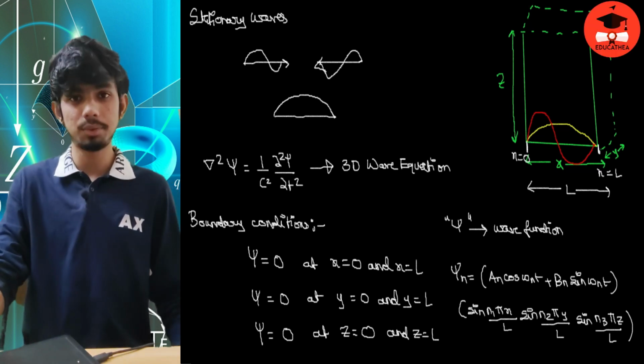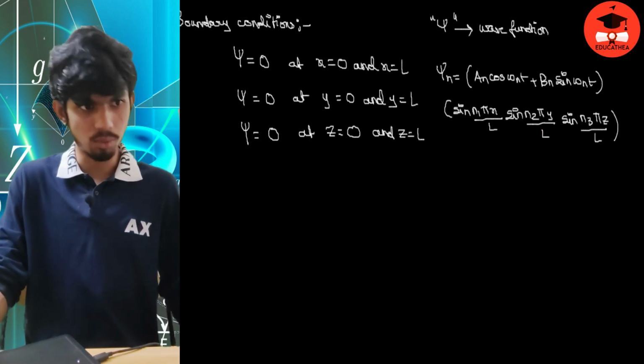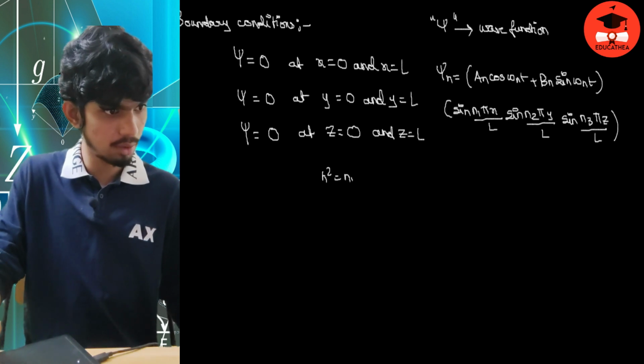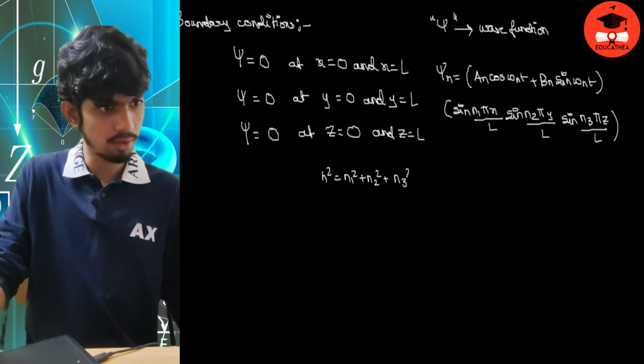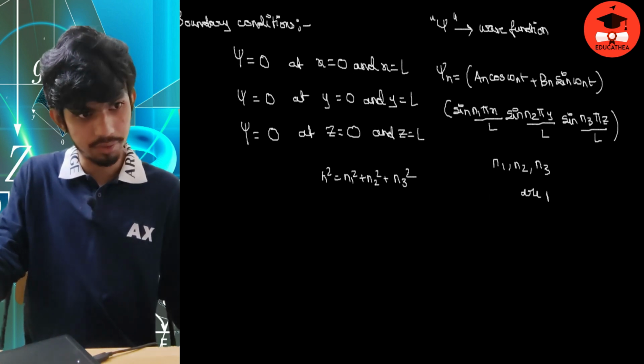This is exactly the equation for a stationary wave. The relation between small n and n1, n2, n3 is something like this. N square is equal to n1 square plus n2 square plus n3 square.